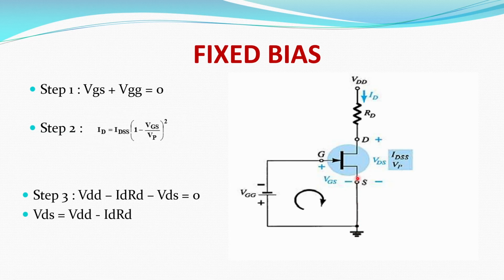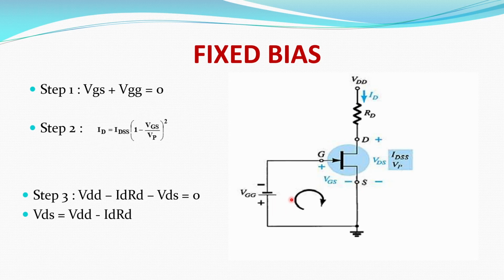Similarly, in the fixed bias circuit for JFET, we consider the source terminal to be grounded. Gate is the input terminal, and drain is the output terminal. In the gate terminal, we connect the gate supply voltage, denoted as VGG. Based on this connection, the polarity is marked plus and minus, so the current conduction takes place in the clockwise direction.